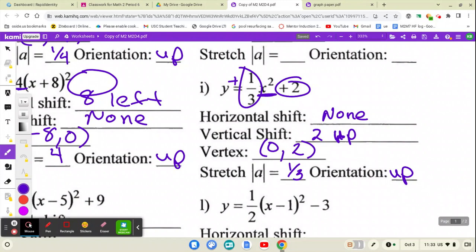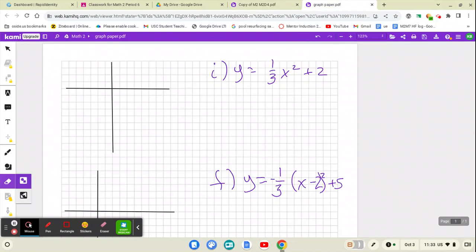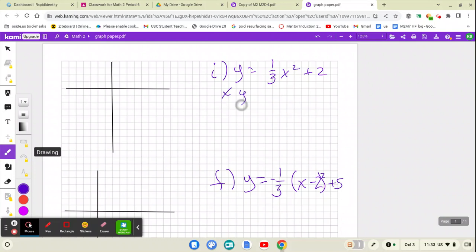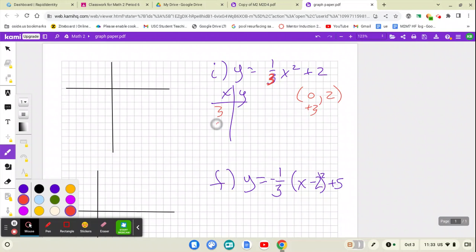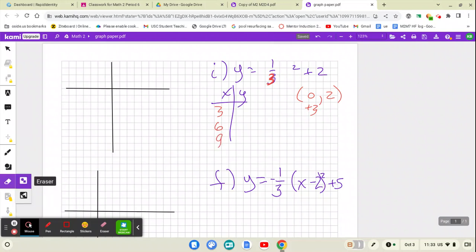Here we go. We're going to need a table. And we're going to have to be careful picking x values. We need the x values to be 3 units away from the vertex. The vertex is 0, 2, so we can just add 3 and add 3 again, and then plug in and solve for the y value.